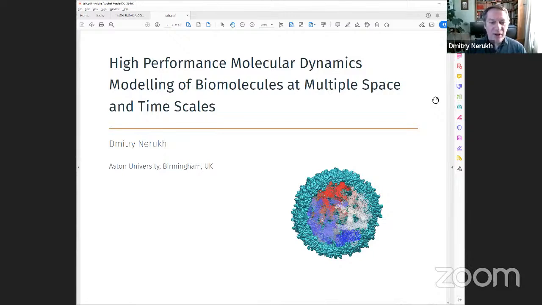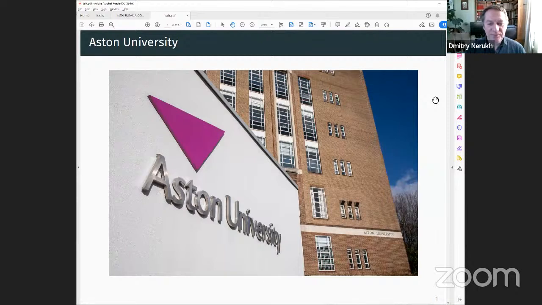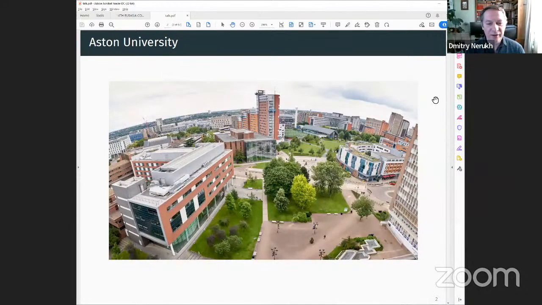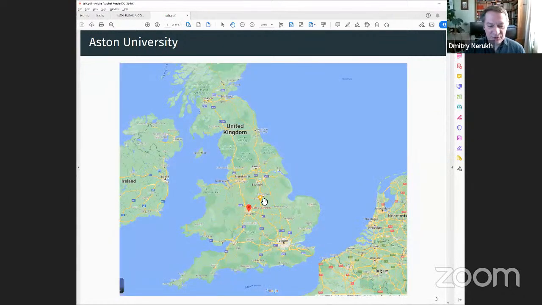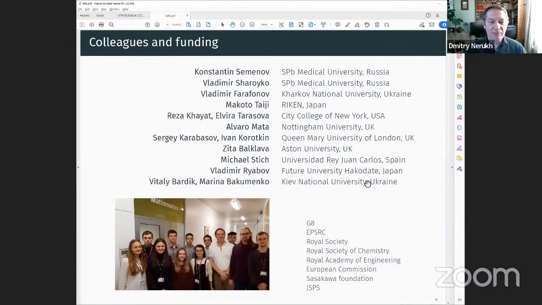Anyway, I'm from Aston University, which is a university in Birmingham, UK. This is our campus. We are in the city center and we are a good university. We are located in Birmingham, which is in the very middle of the United Kingdom, so you're all very welcome to come and visit us.